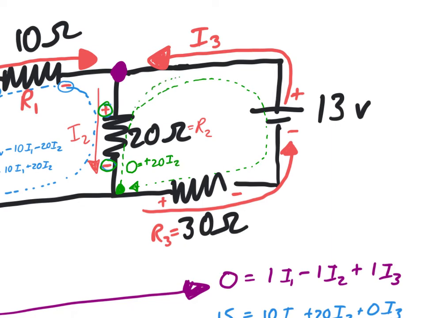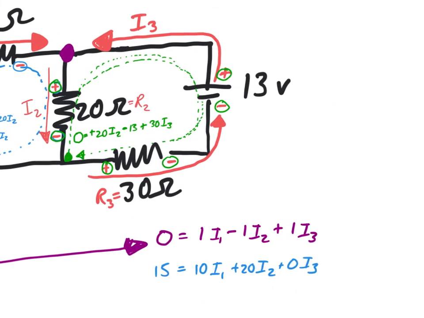Continuing around, wire, wire, wire, wire, battery. From the positive side to the negative side, that's a negative voltage of 13 volts. Keeping it going. Negative side to positive side, that's an increase in voltage of 30 multiplied by I3.